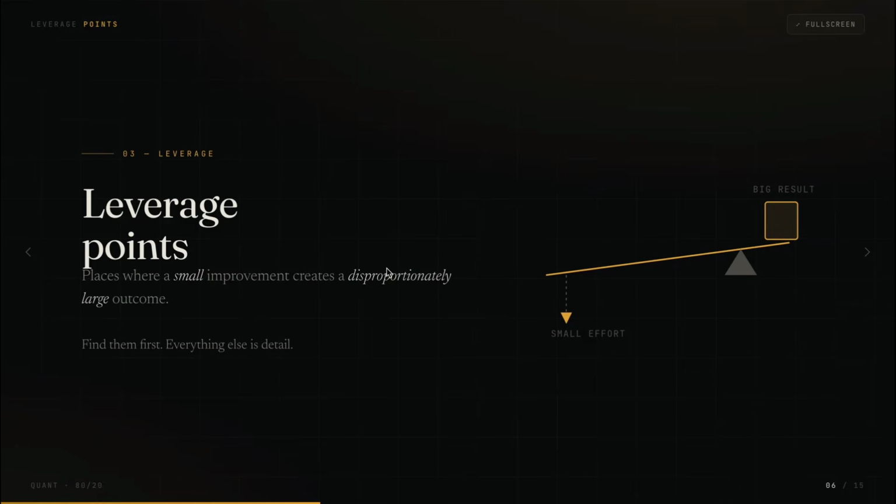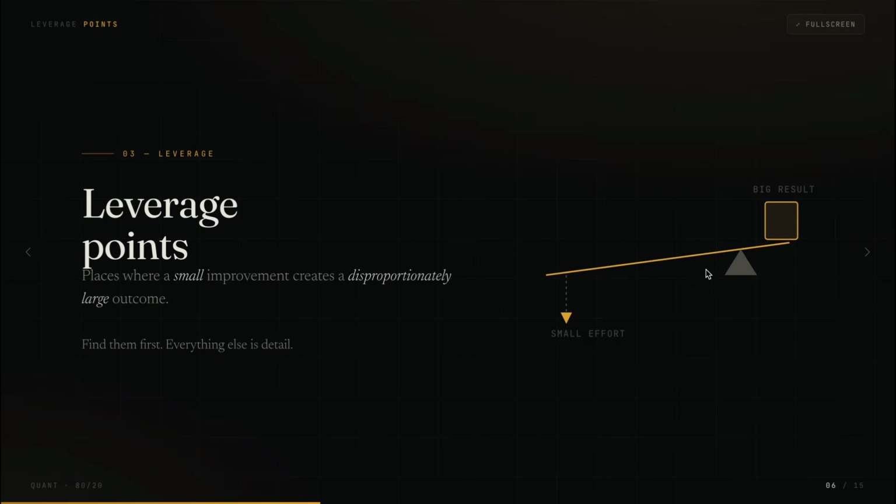But the main goal is to find the leverage point. This is connected, because the 20% of the Pareto principle is actually a leverage point. Each input in the 20% means a disproportionately large outcome compared to the effort. Here it says a small improvement can create a greater proportional outcome.